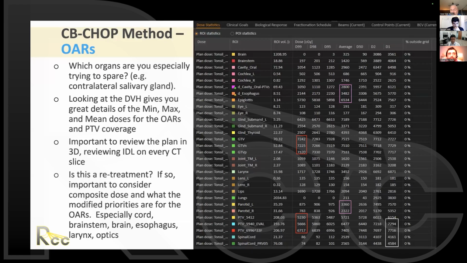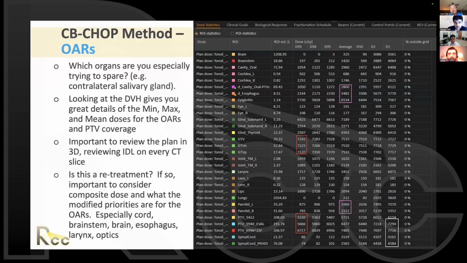That's a concept you want to have in mind when you are planning and also when you are reviewing the plan. When you look at the DVH, it gives you great detail of the minimum dose, maximum dose, and mean doses for all the OARs and the PTV. And as we said before, it is very important to review the plan in 3D, reviewing the isodose lines in every CT slice.